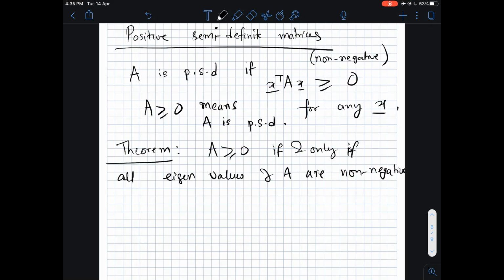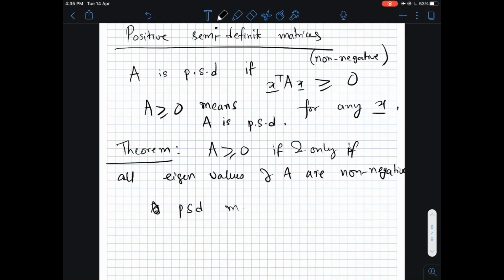Some eigenvalues can potentially be 0, but they cannot be negative. For a positive definite matrix, all eigenvalues must be positive. They cannot even be 0. For a positive semi-definite matrix, all eigenvalues have to be greater than or equal to 0. They can potentially be 0.